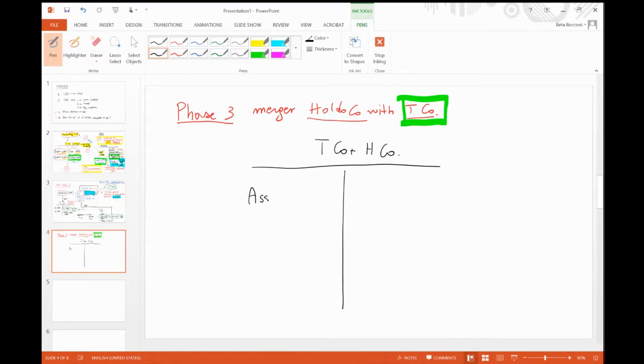First of all, the old assets of TICO for an amount of 3,000. The goodwill that has been paid for the acquisition, 1,000. The original liabilities of TICO, 2,000. Do you remember? In our example, this was represented by the debt toward Deutsche Bank. Then you have the senior debt of holdco, which was 1,000, and this is JP Morgan.